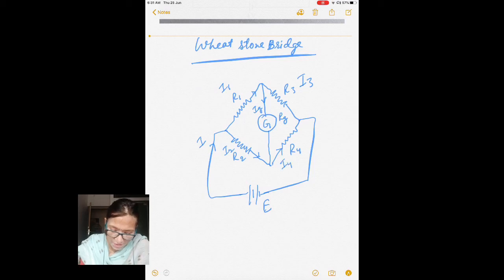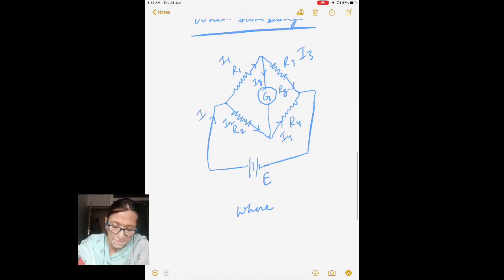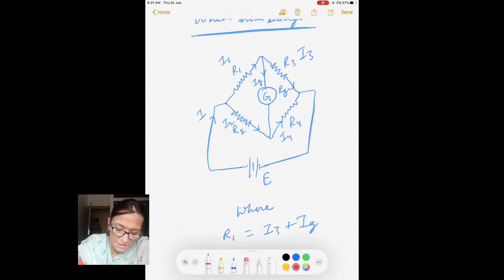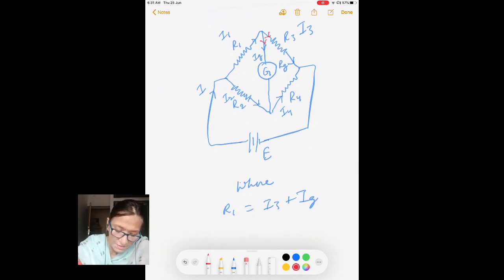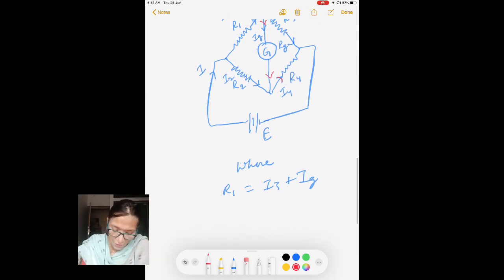Here you have I4, where you can see that I1 is equal to I3 plus Ig, because at this very point I1 is divided into 2 parts, I3 plus Ig, and at this very point the 2 currents Ig and I2 combine to form I4.